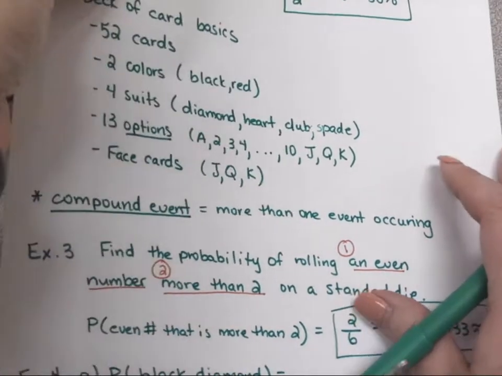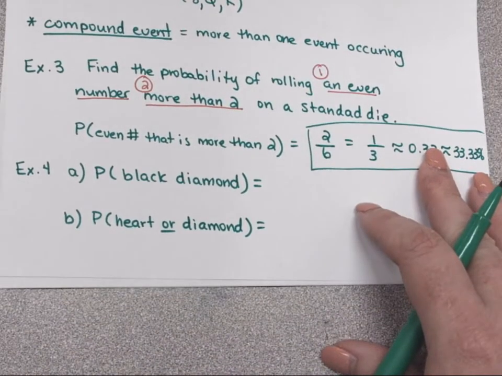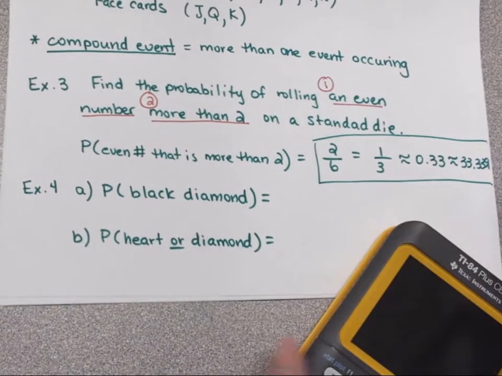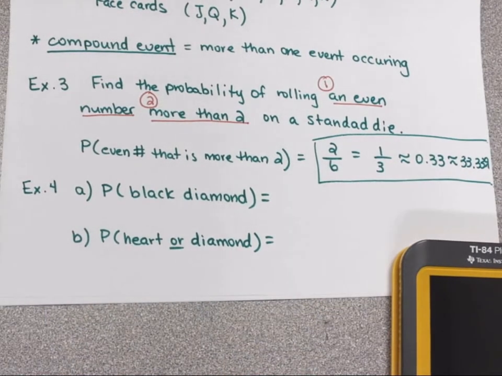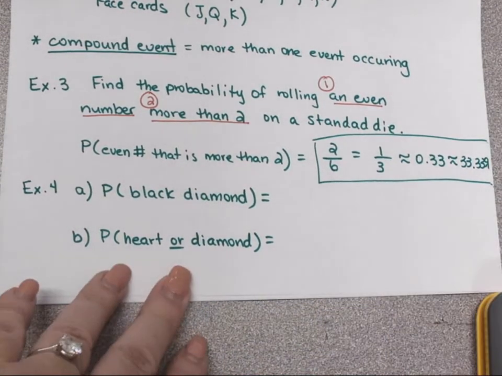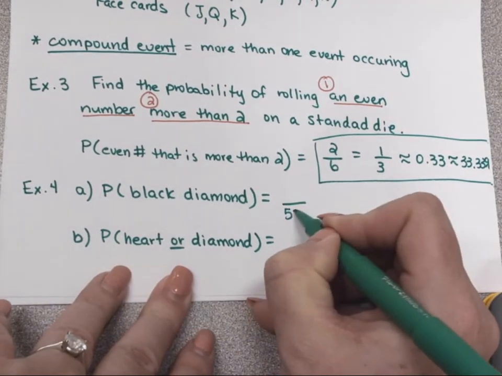Sorry about that, let me move it up. Okay, so both of these probabilities should be out of what? 52.